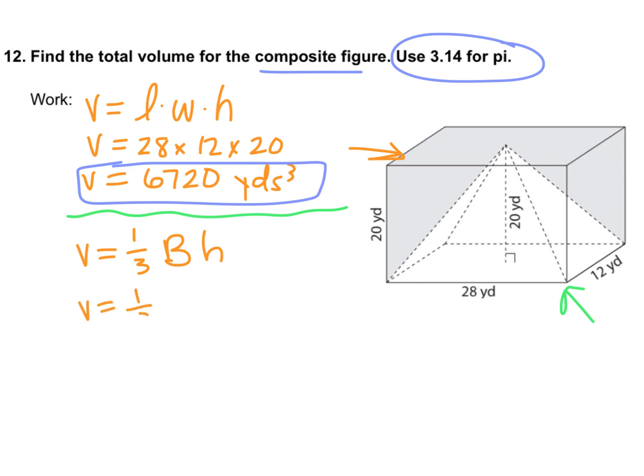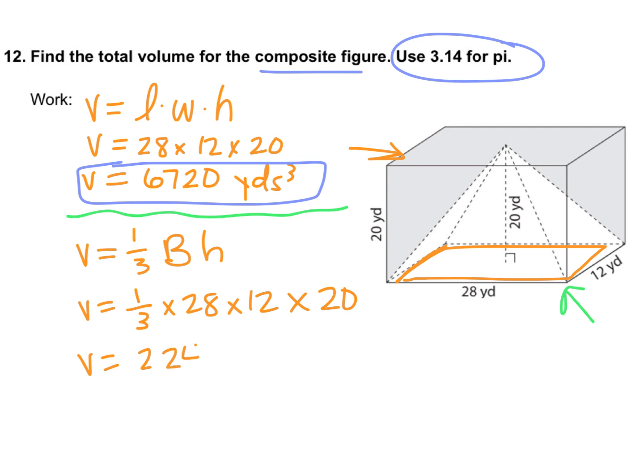Okay, so 1/3 the area of the base. The shape of this base is a rectangle, which is length times width. So I'm going to go 28 times 12, and then I'm going to multiply that by the height. Okay, so doing all that gives me 2,240 cubic yards.